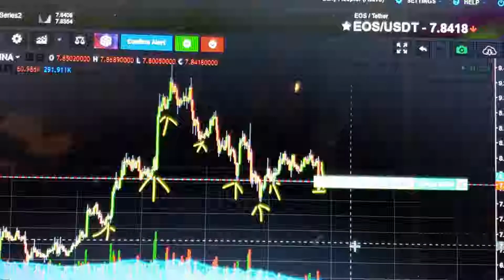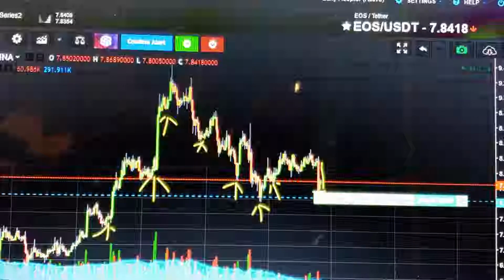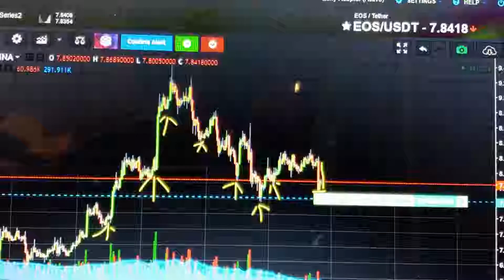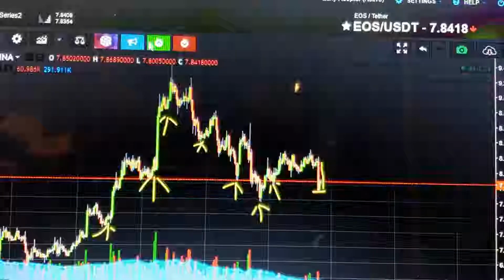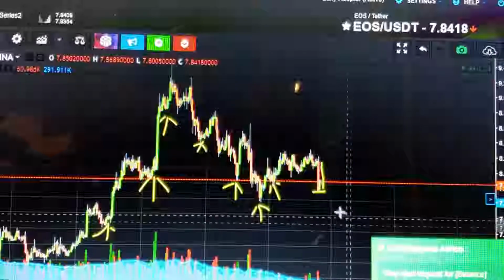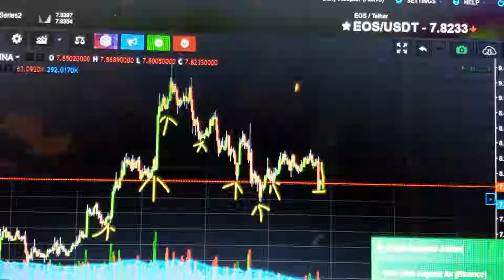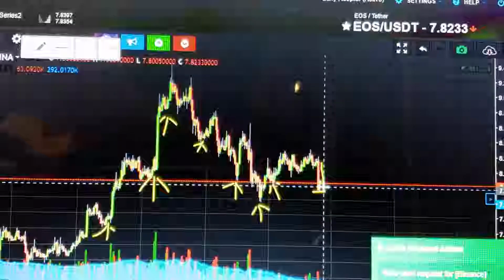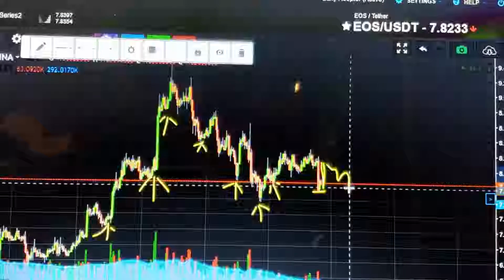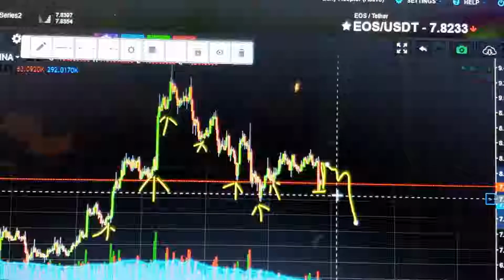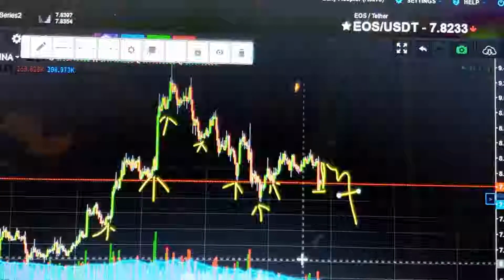So we can actually go ahead and set an alert just below that. So now, if price comes back over, and then it cracks through there, we'll get our notification.